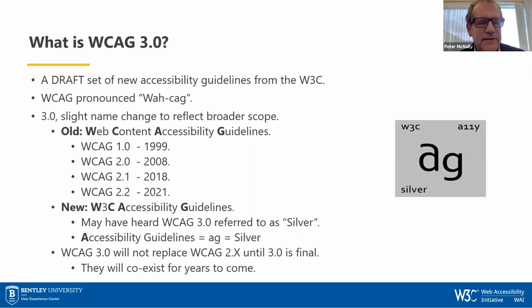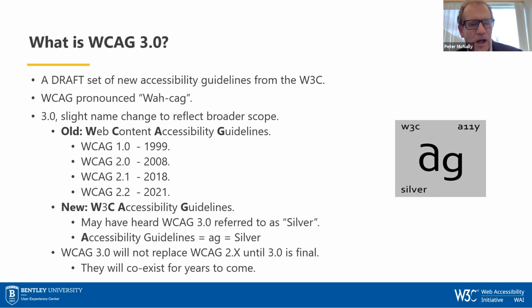One thing I'll note is that the acronym has stayed the same, but what it stands for has changed. In the past, it stood for Web Content Accessibility Guidelines, but going forward, it now stands for W3C Accessibility Guidelines. So just a slightly different focus. We're getting away from HTML and looking at broader products.